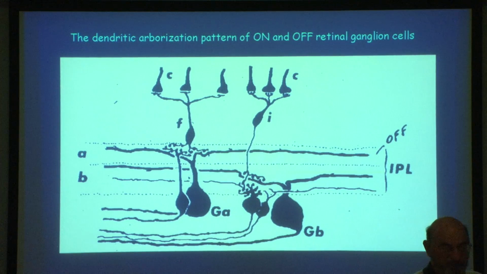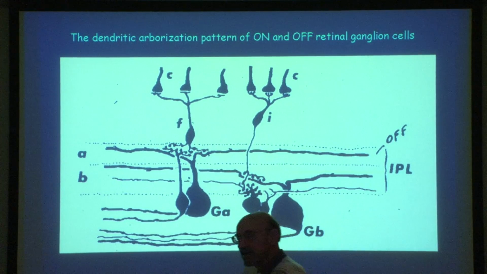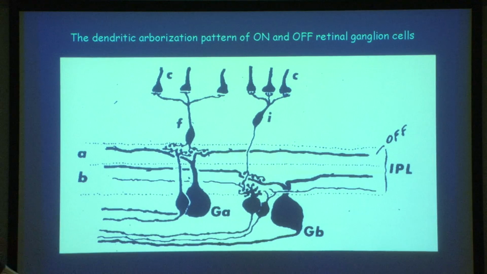But there were also some cells, which is not shown here, that have an arborization in both of these lamina, and that, to anticipate, actually is a property of those cells which are called the on-off cells.